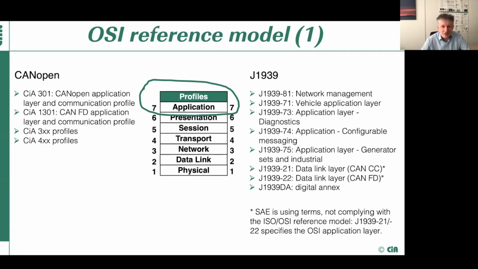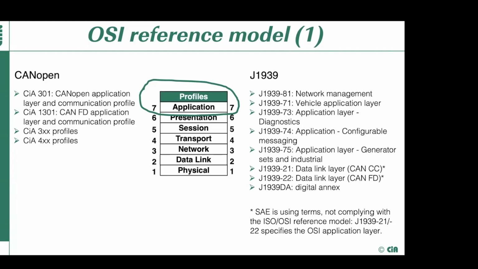For now, it is important to know that the application layer is completely different and the mapping of the data between them is not easily possible. It actually required a look into this and providing some adaptation that could be used to reuse the data between both application layers. Now, the topic of the webinar was also profiles.